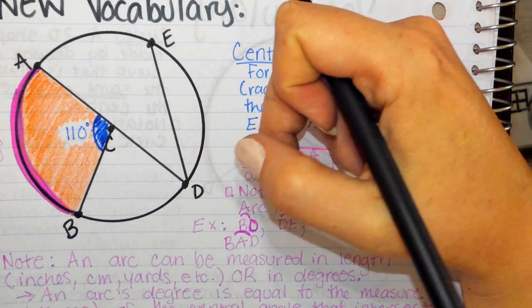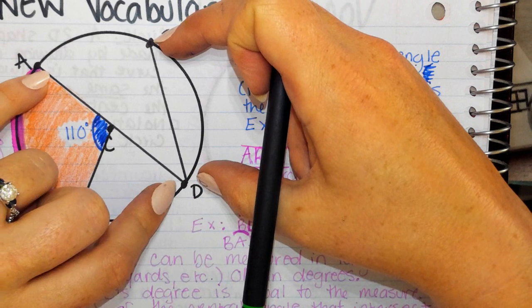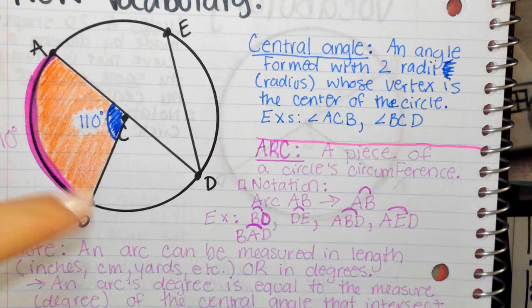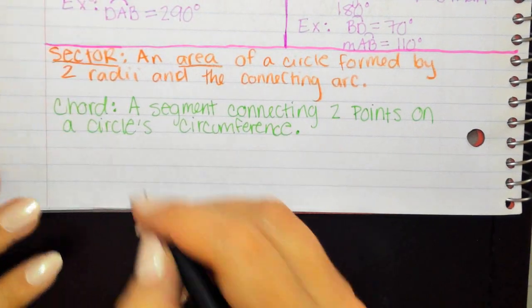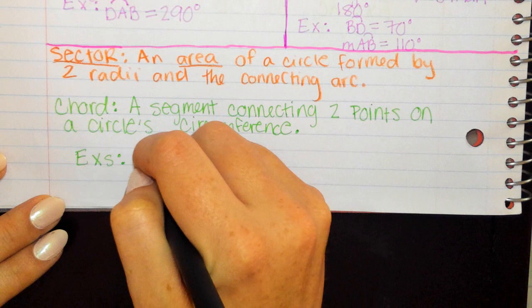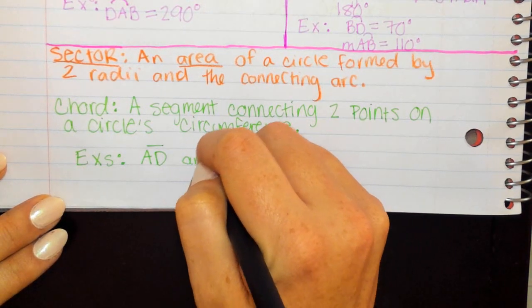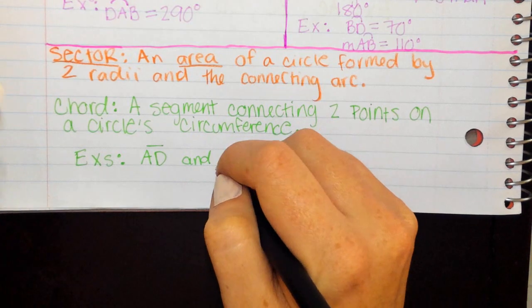So the examples in this picture are segment AD and ED.